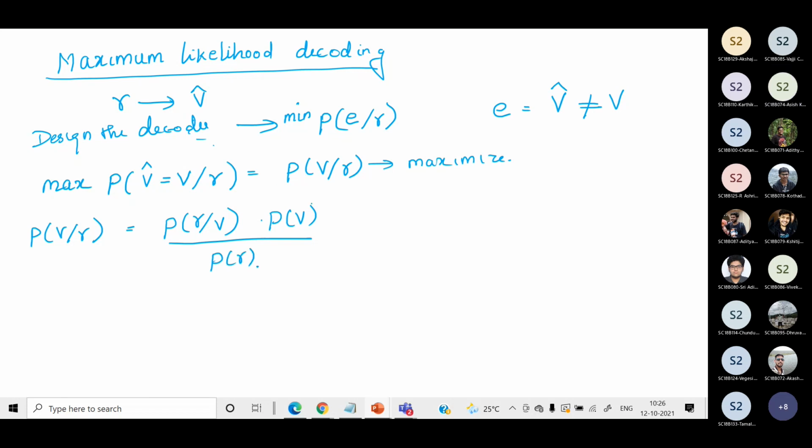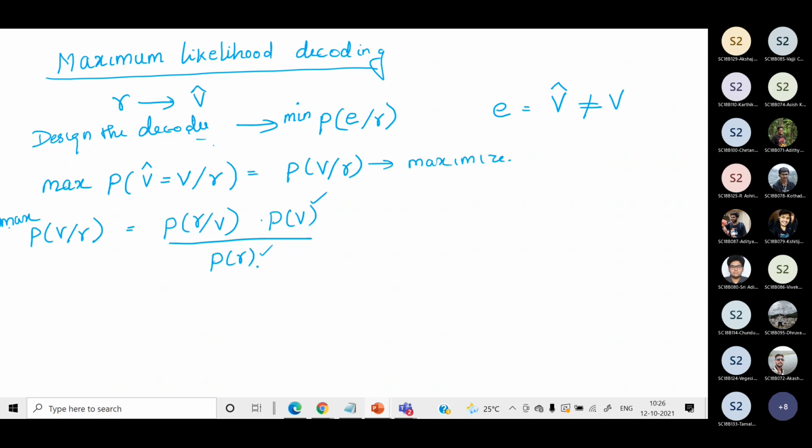So P of V is what? P of V is the probability of the transmitted code word. So all the code words are transmitted with equal probability. So maximizing this one, this is going to be constant for all received vectors. This is also independent of our design rule.